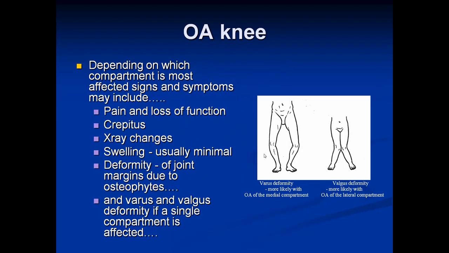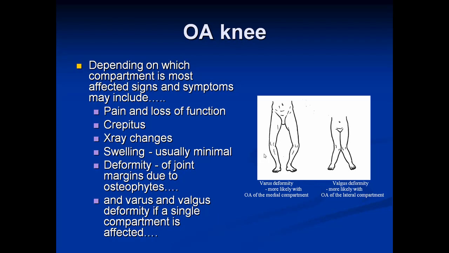Depending on which compartment is most affected, the various signs and symptoms of osteoarthritis may include pain and loss of function, most particularly with activity or weight bearing, crepitus, which is most noticeable on flexion in a loaded position, degenerative X-ray changes, and swelling, which may be minimal and may be compartmental, so you may see it more on the medial or the lateral side of the knee.